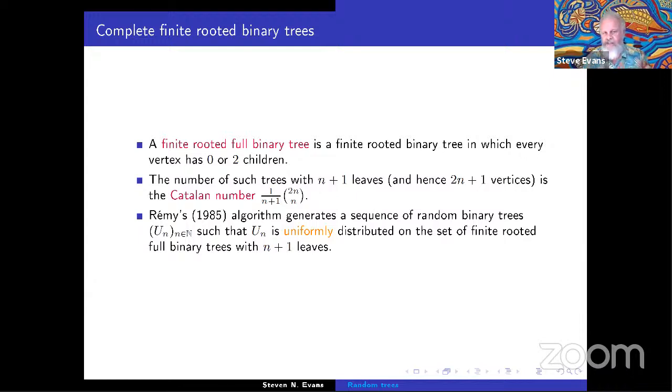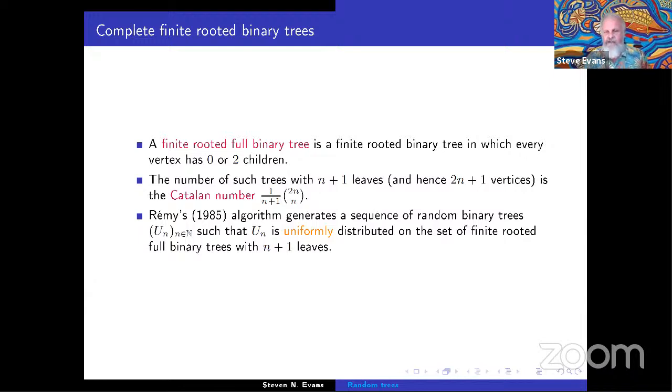So they're the sort of things that are counted by the famous Catalan numbers. And we're going to show the connection between that and a process called the Patricia process, which is intimately related to the Radix sort process.